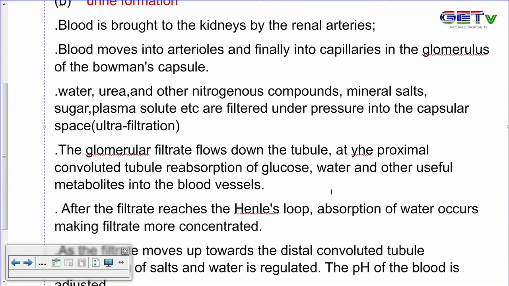So what are some of the substances that are filtered in the glomerulus, or that are allowed to pass? I told you that the glomerulus is just like a sieve: when the blood comes with pressure, it passes through.